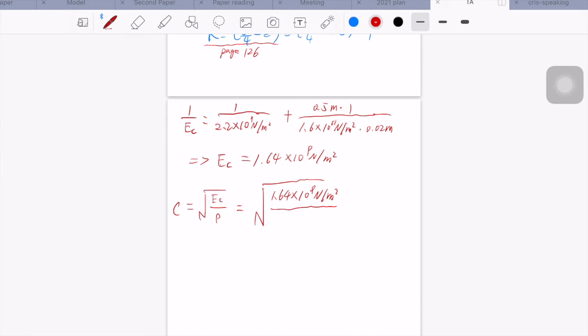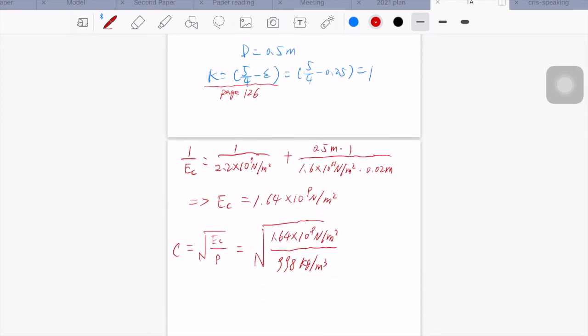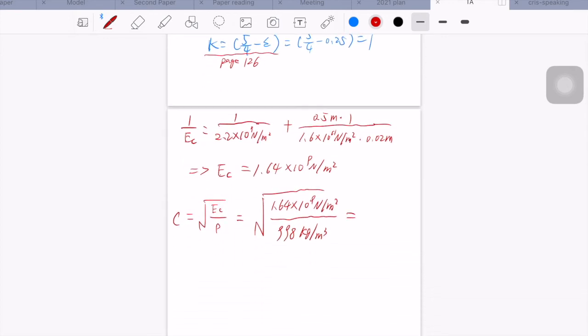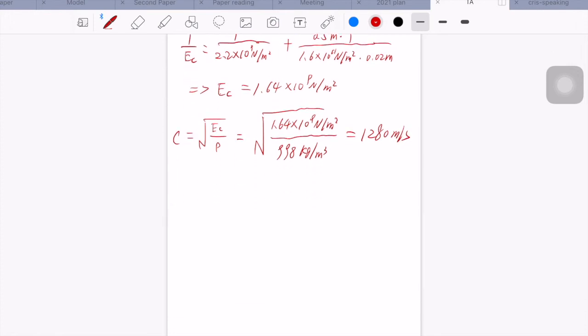So at 20 degrees Celsius, the density of the water equals 998 kilogram per cubic meter. So C equals 1280 meter per second.